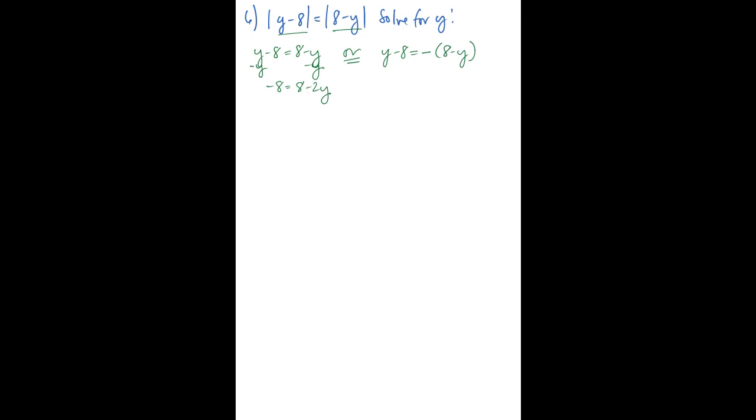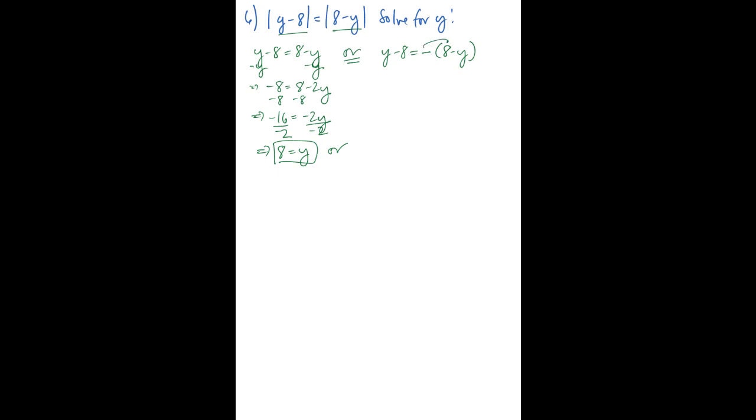We can subtract 8 from both sides. So we get negative 16 equals negative 2y. And we can divide both sides by negative 2. So we get negative 16 divided by negative 2 is positive 8 equals y. That's one possible solution.